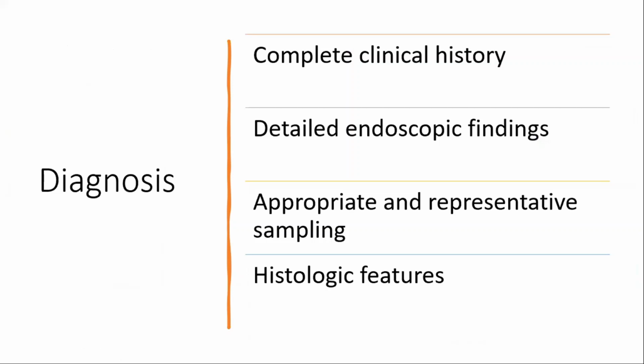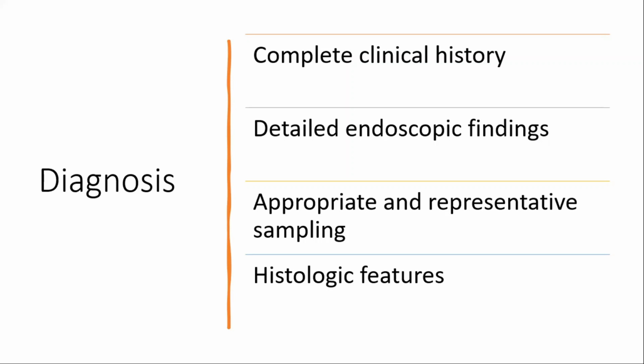Okay, so how do we diagnose inflammatory bowel disease? It is very important to have a complete clinical history. And on top of that, detailed endoscopic findings should be noted. And you should sample adequately, and importantly, it has to be representative.